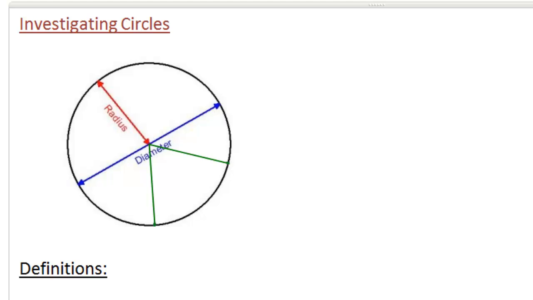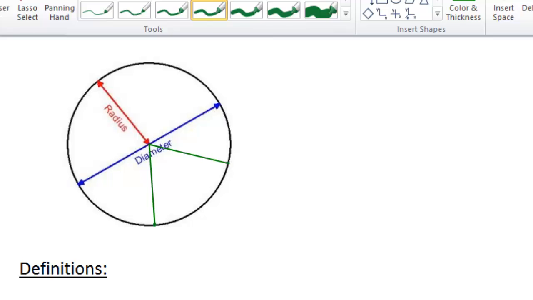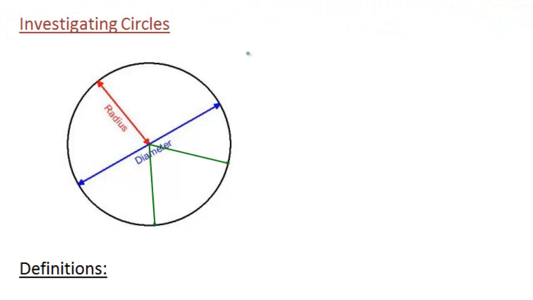So again, I can use this symbol to show that I'm talking about two equal lines, this equal to this.